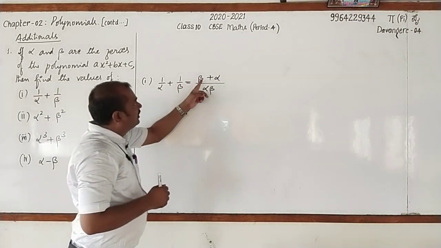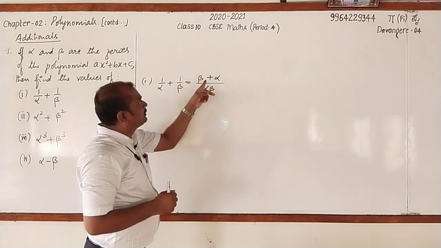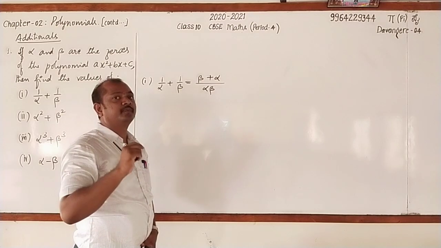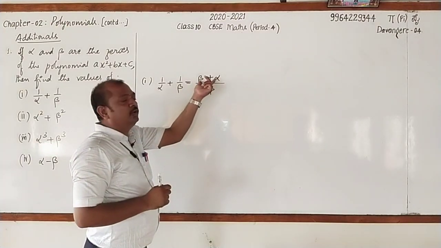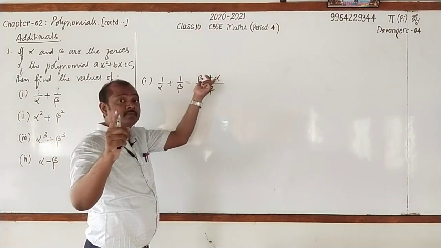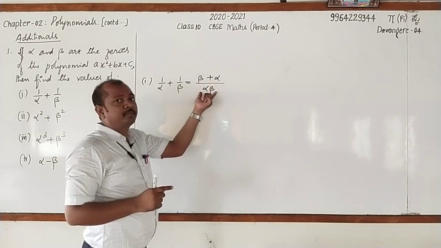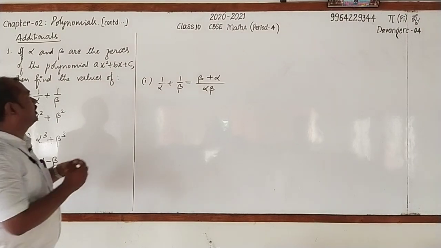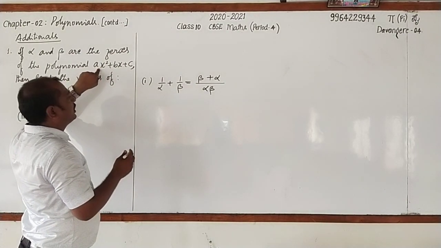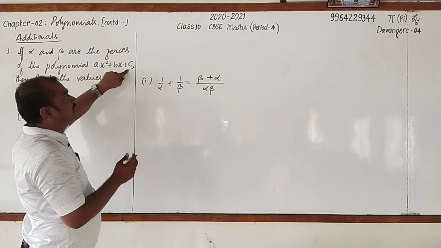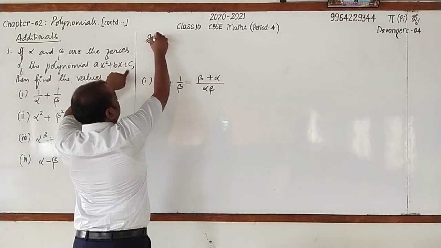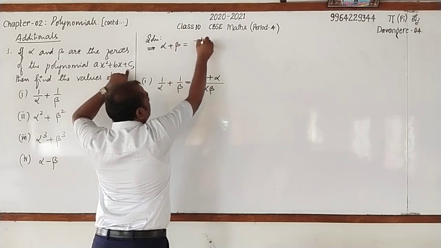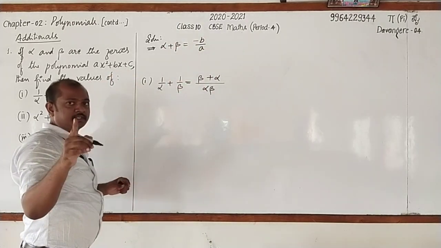Then what is the further step? Look here. We are very familiar with alpha plus beta and alpha into beta, right? Because we know that the numerator term indicates the sum of zeros, and the denominator is the product of zeros. Both are known. When the quadratic polynomial is ax square plus bx plus c, we can write alpha plus beta is equal to minus b by a. Is it not?